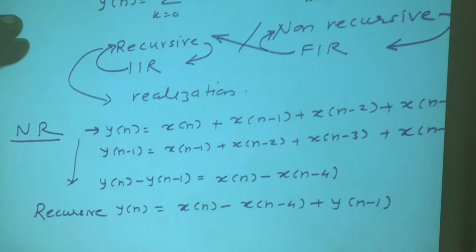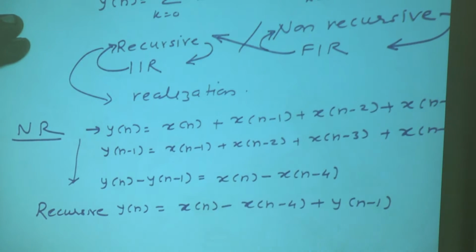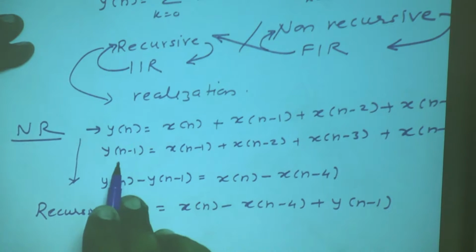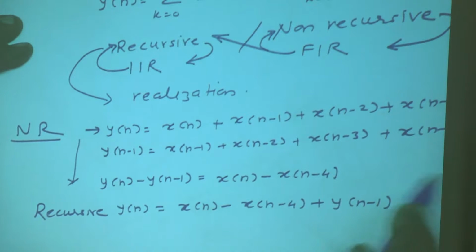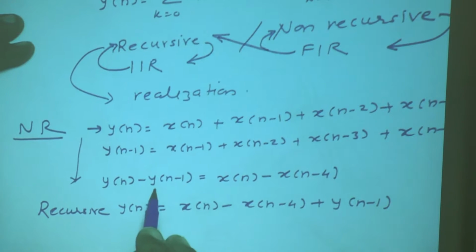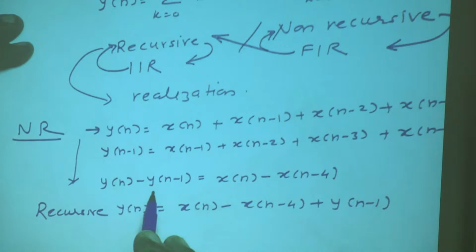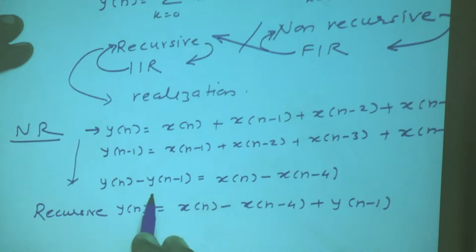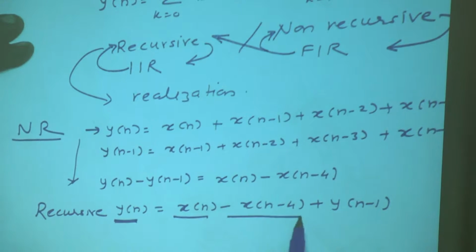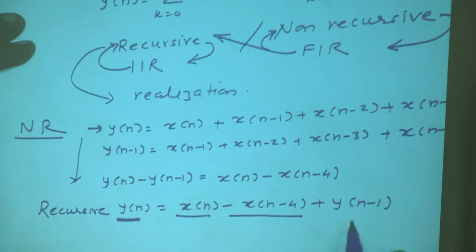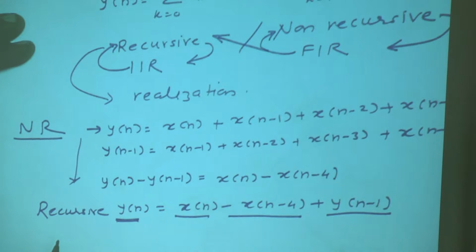The system doesn't change, right? What is done here is small algebraic manipulations have resulted in this equation equivalent to the earlier equation, which means here the present output depends on present input and past inputs, and also past output.